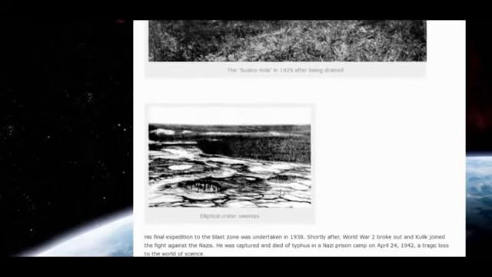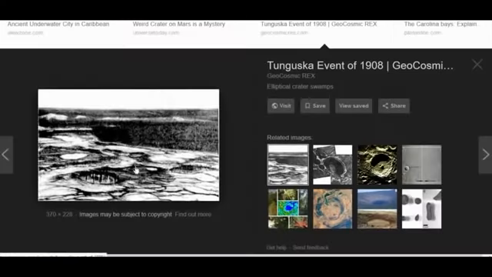And it turned out that they found these elliptical depressions. And here's a bigger shot of it. So when they drained the swamp, because it filled with water, they found all these smaller elliptical depressions. So the energy that affected the Tunguska area had all these elliptical depressions that we see in the Carolina Bays.